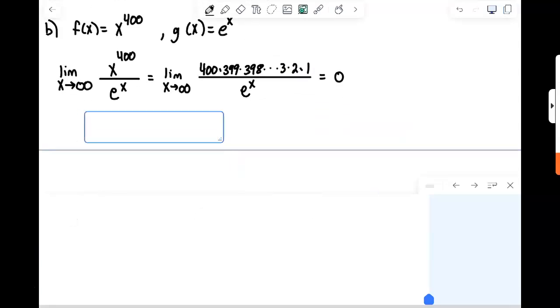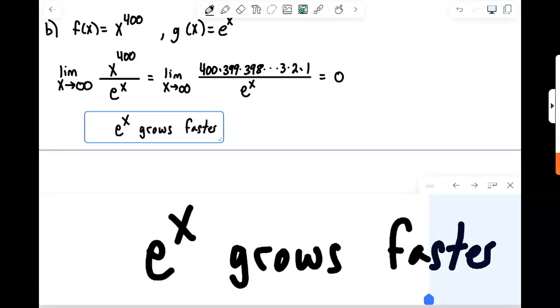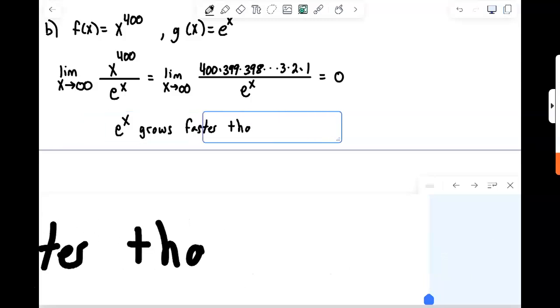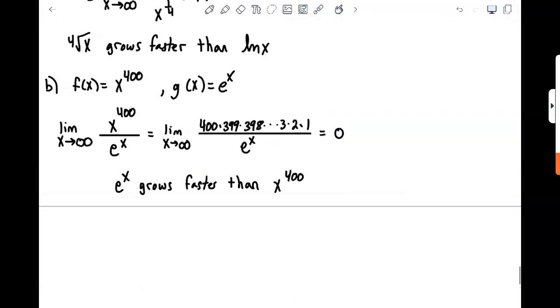And so therefore e to the x grows faster than x to the 400, even though you're going to have to go pretty far out to the right to see that, because x to the 400 is going to dominate for a long time. But e to the x will outgrow it if we go far enough.